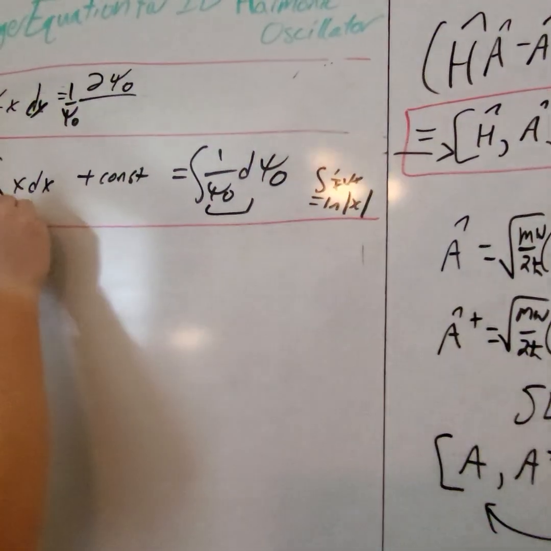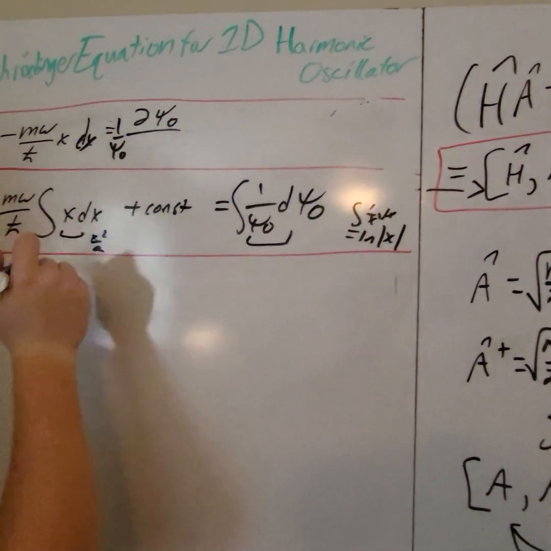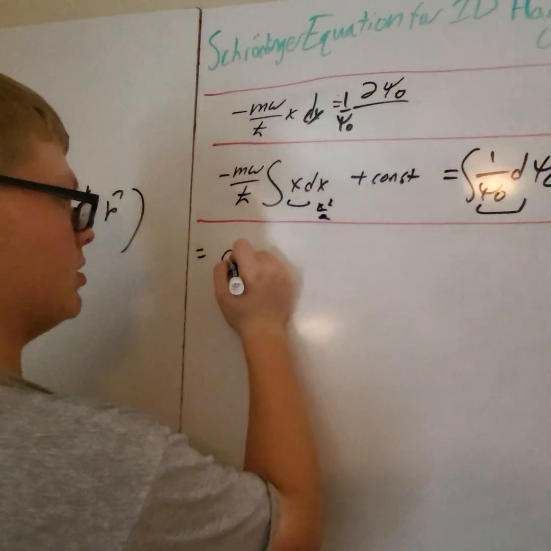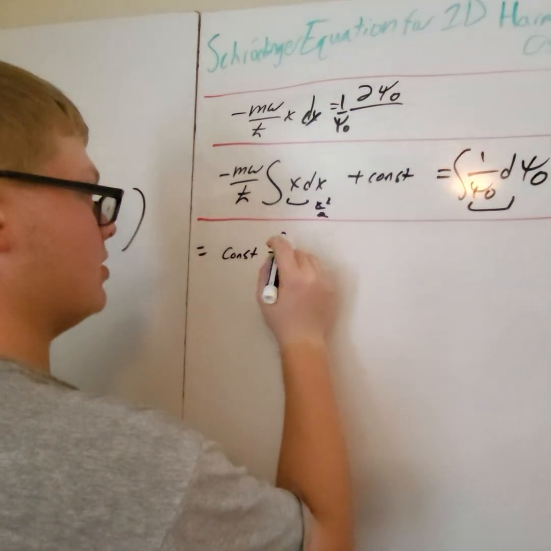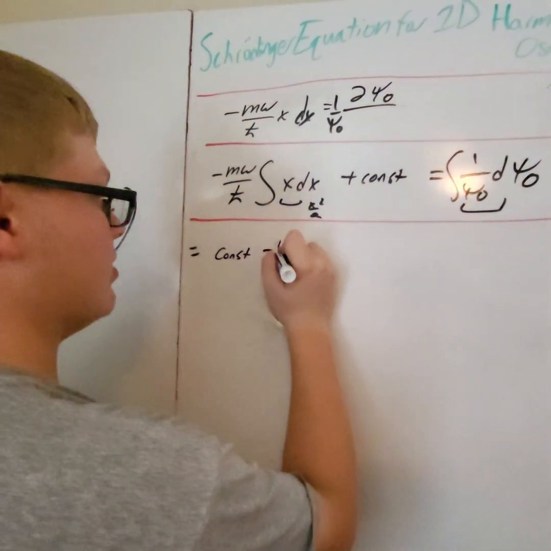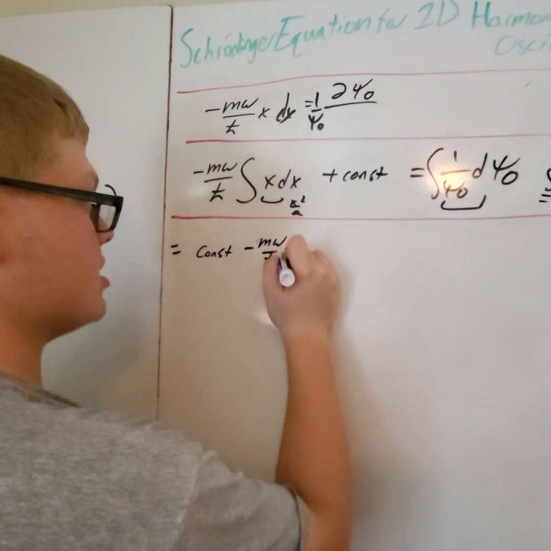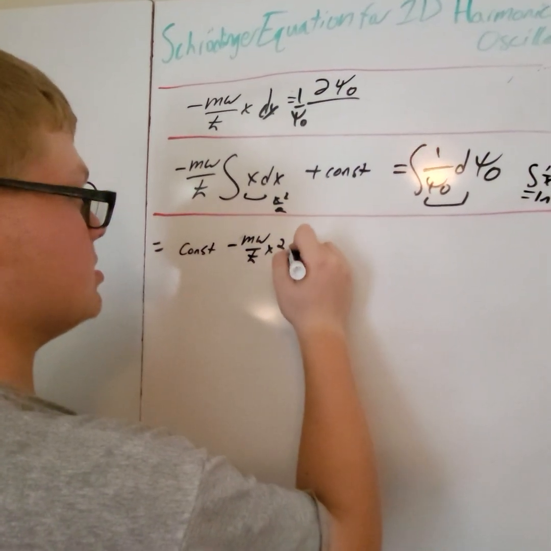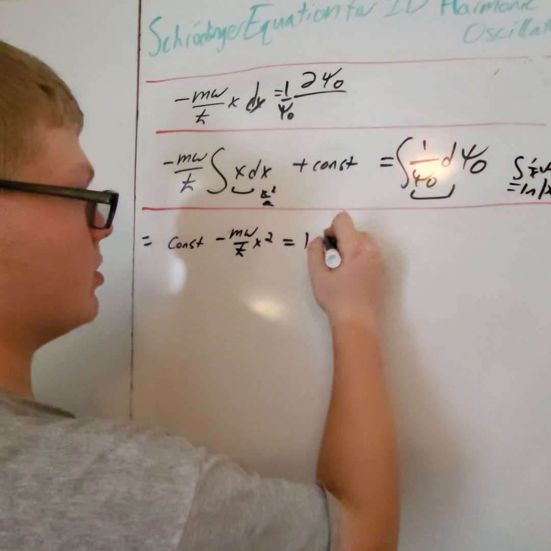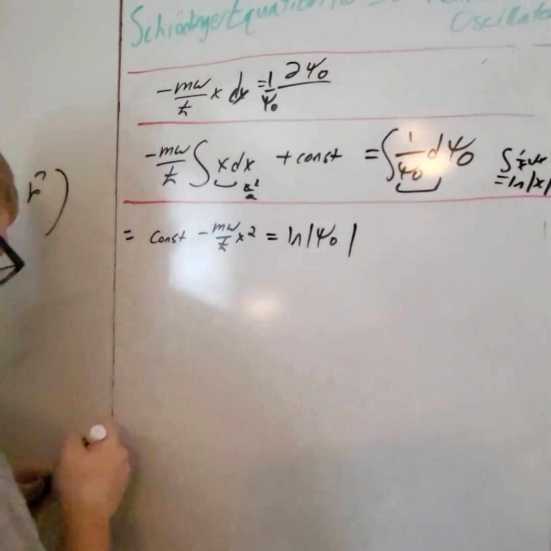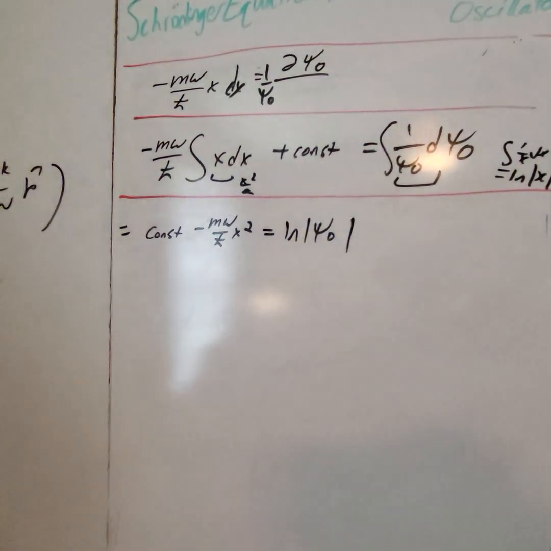And that's just going to be x squared over 2, plus a constant, plus negative mω over ħ x squared equals, arrive at that equation there.